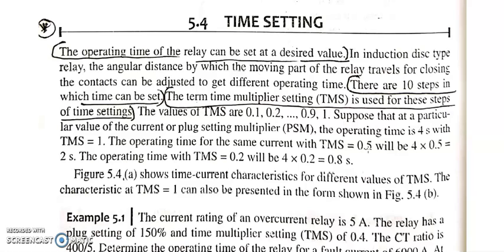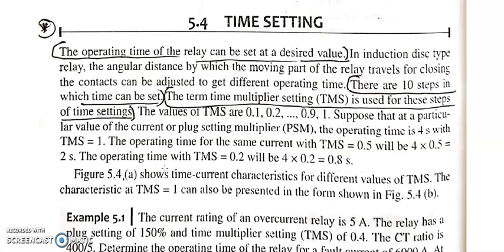Not just 0.5, you can even set 0.4 or 0.3, just as an illustration. So with 0.5, 4 into 0.5 is 2 seconds. Earlier it was taking 4 seconds for a particular current, but after setting TMS as 0.5, it has become 2 seconds.